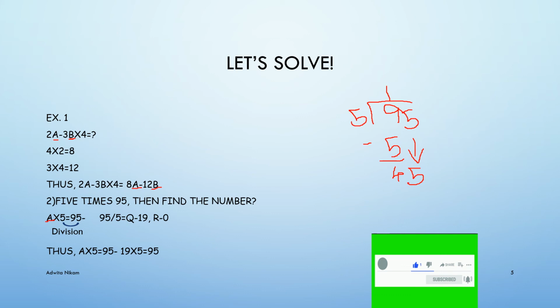So 5, how many times is in 45? Yes, 5 nines are 45. So 45 minus 45, of course, 0. Okay, so our quotient will be 19 and remainder will be 0. Thus, A multiplied by 5 is equal to 95, the answer will be 19 multiplied by 5 is equal to 95.